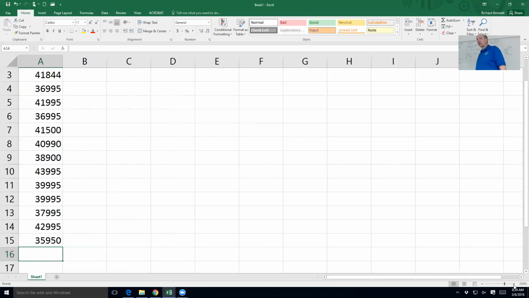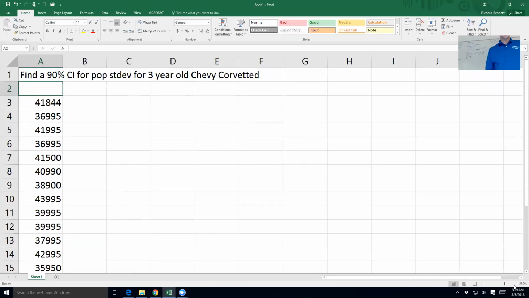So at any rate, we want to find a 90% confidence interval. How would you do such a thing? We're going to use the chi-squared equation.